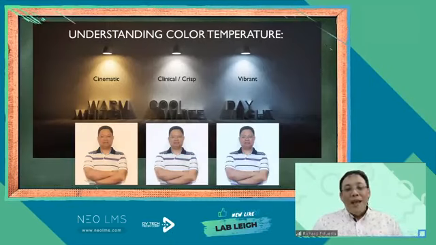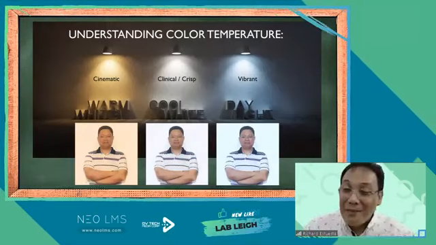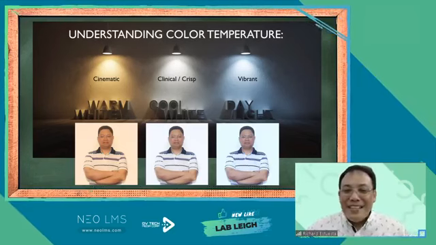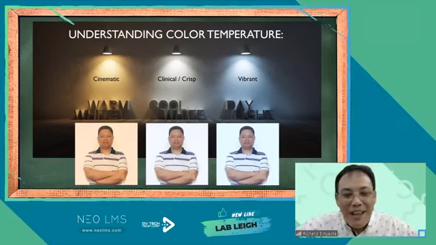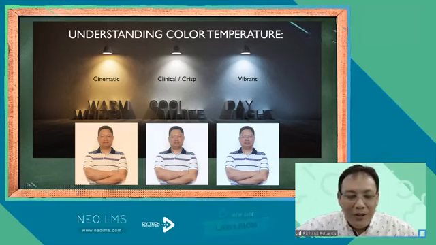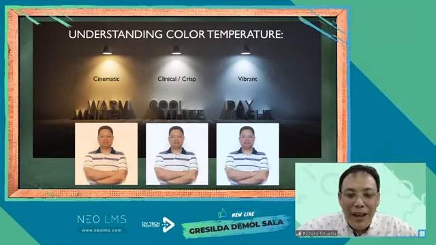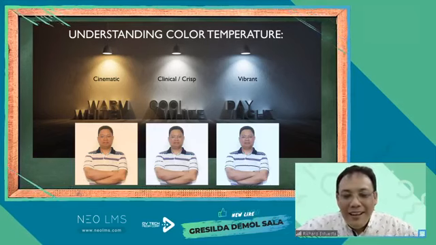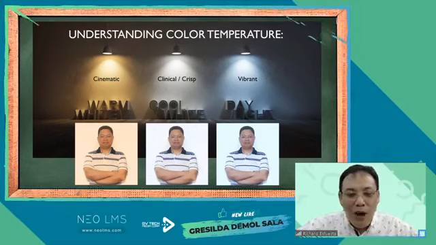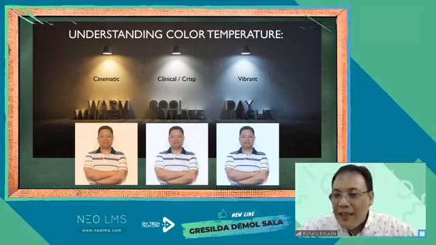Okay. Now, here's something that I would like to share with you. Understanding the color temperature of lights. When you go to the hardware or you get a production light, there are always options of either making it warm white, cool white, or daylight.